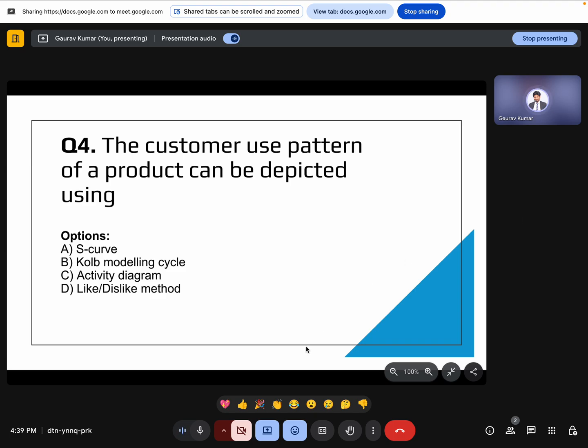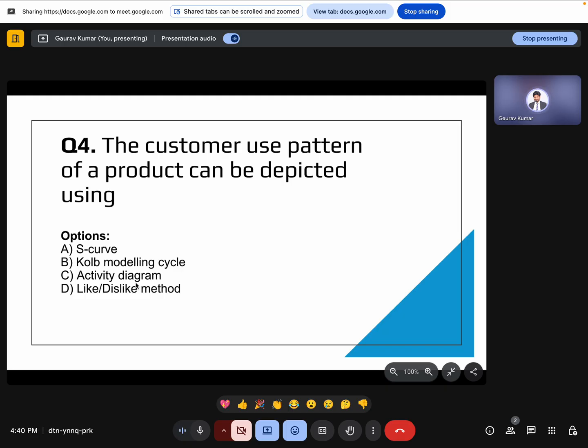So the correct answer is activity diagram, because it focuses on the flow of activities and user decisions. For instance, in a wheelchair, you could map the user approaching the chair, unlocking brakes, sitting, moving, stopping, and locking again. Each step reveals potential pain points.